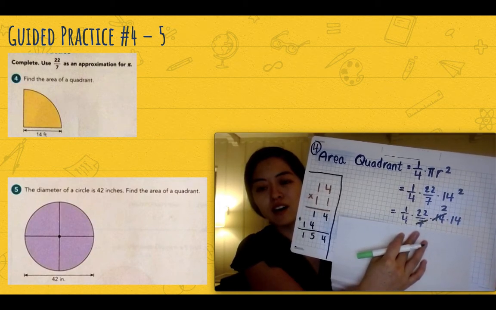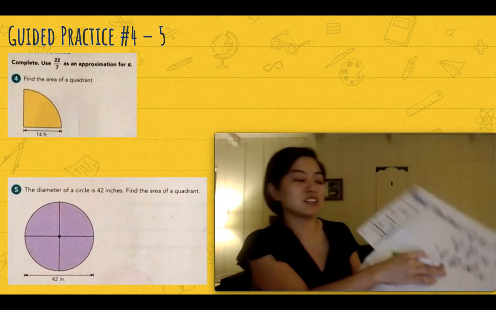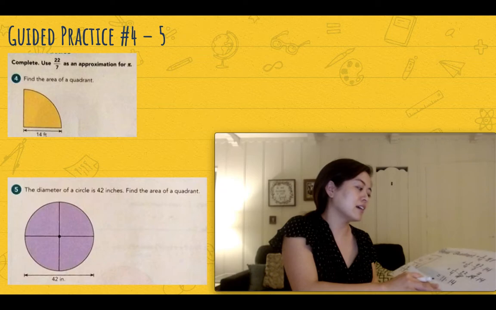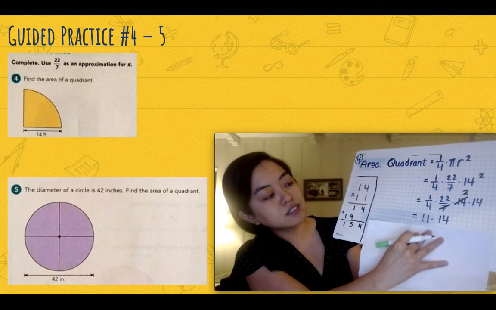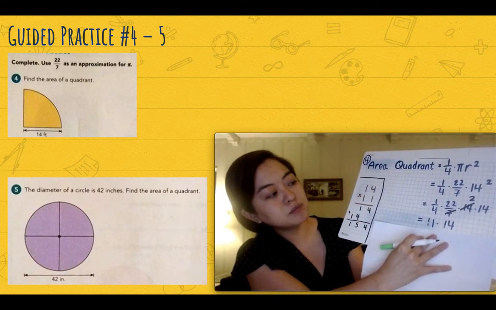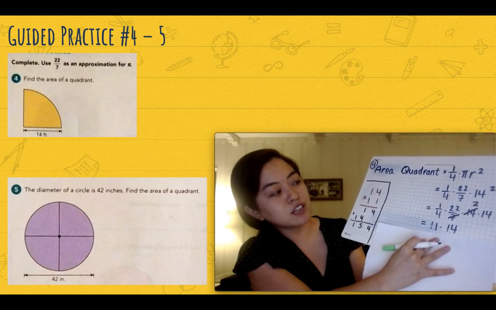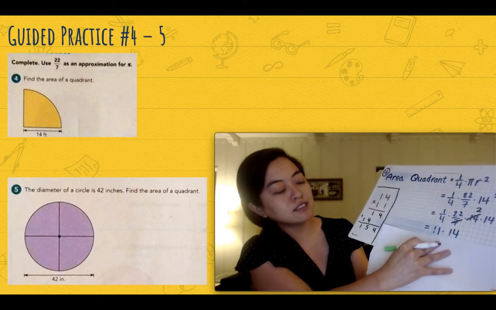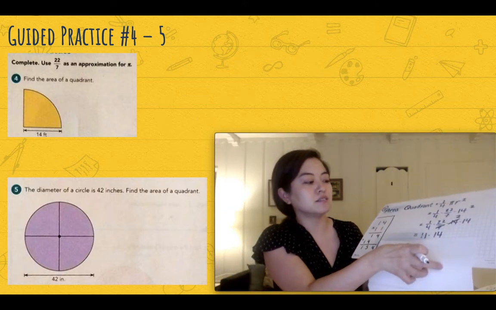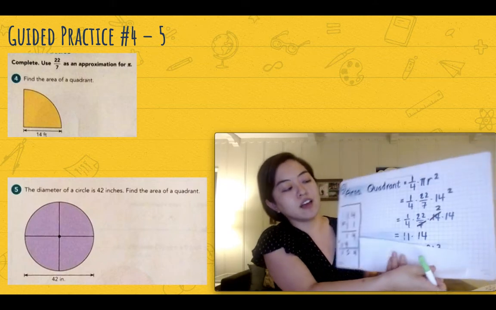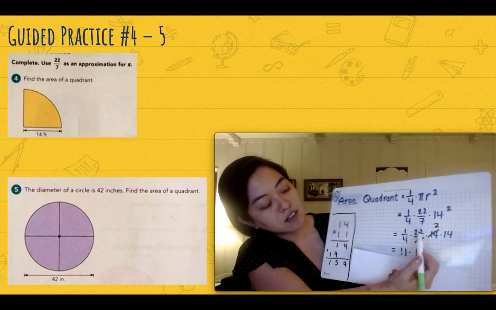And now I have 1/4 times 22 times 2 times 14. But I like that because that'll eventually become 11 times 14. Why? Well, I see that this is 2, right?